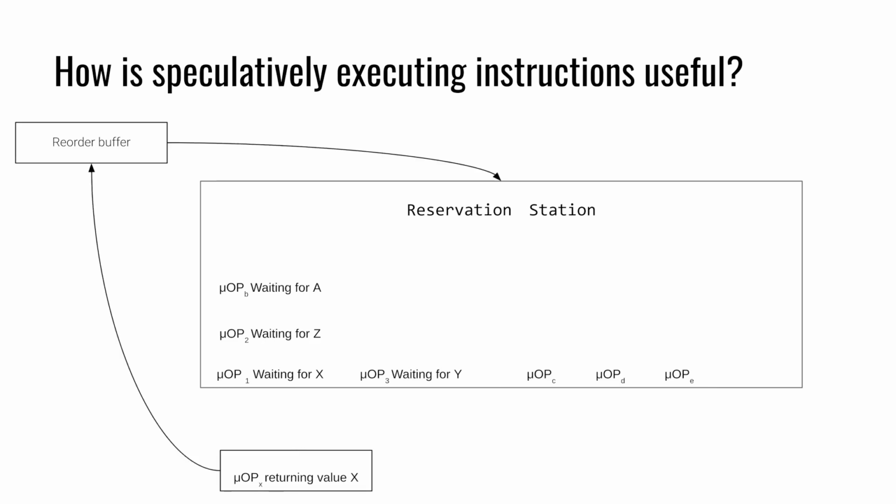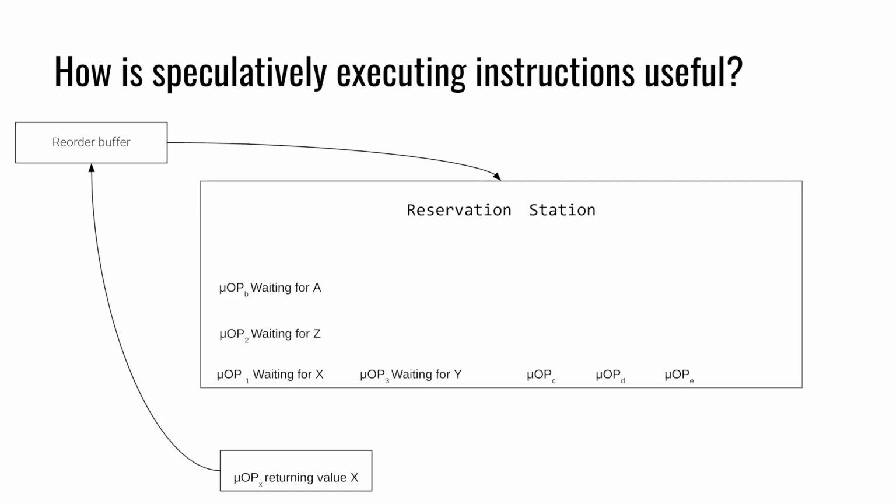Now, each of those computations will take a varying amount of time depending upon what exactly the microcode is. When a value returns back to the CPU, to the reservation station, so we have a result, this value goes into something that's called the reorder buffer. The reorder buffer is responsible for taking that new value that was returned from microcode, and then updating the reservation station to decide what the order of things should be next.